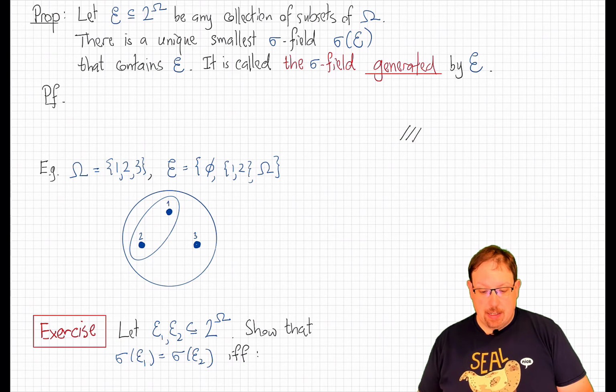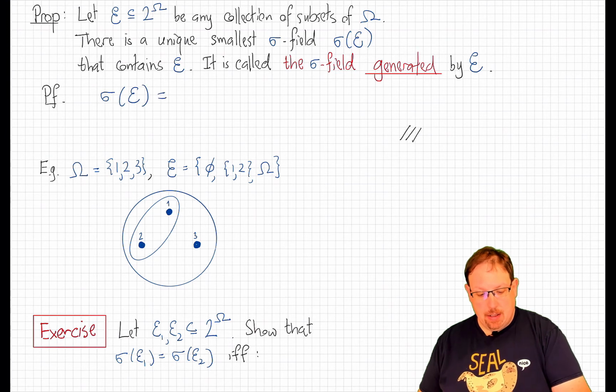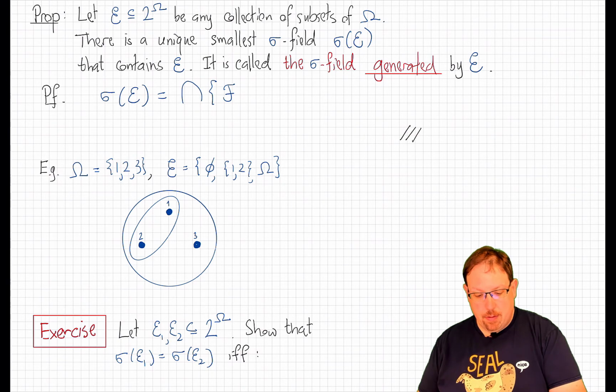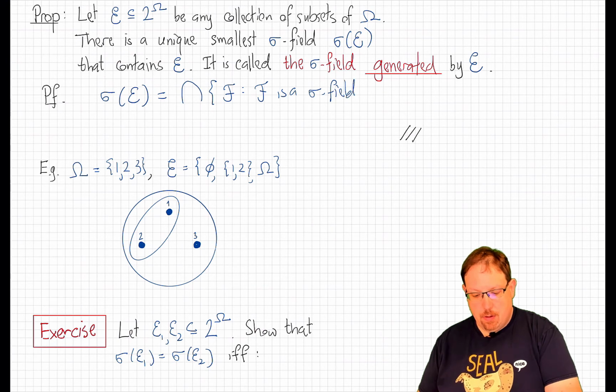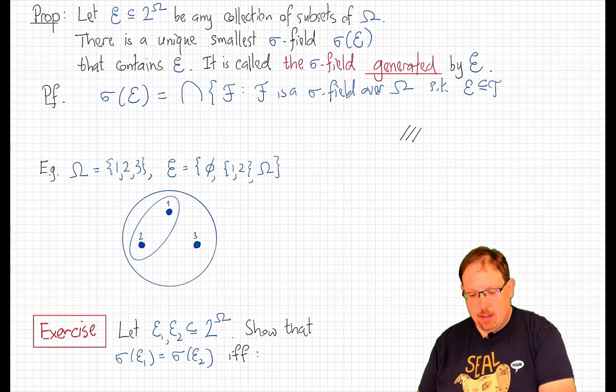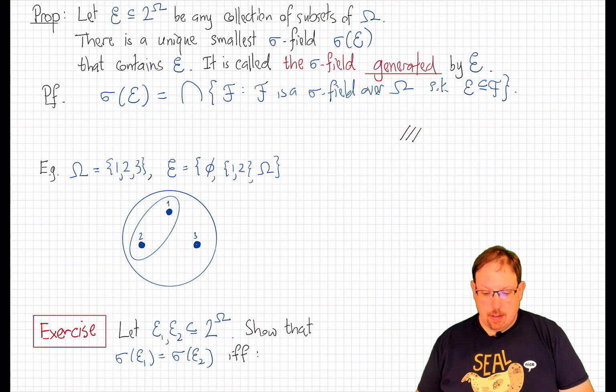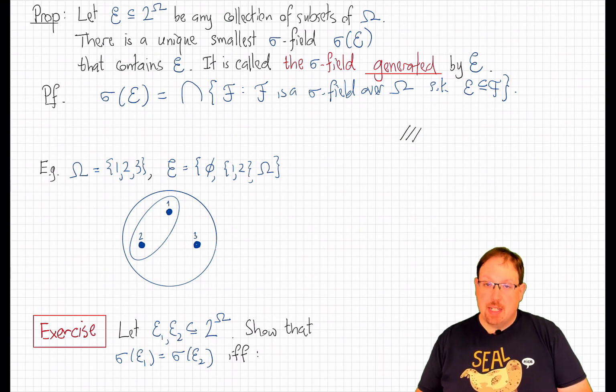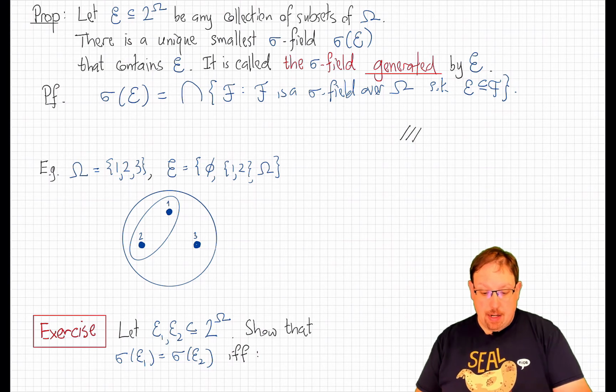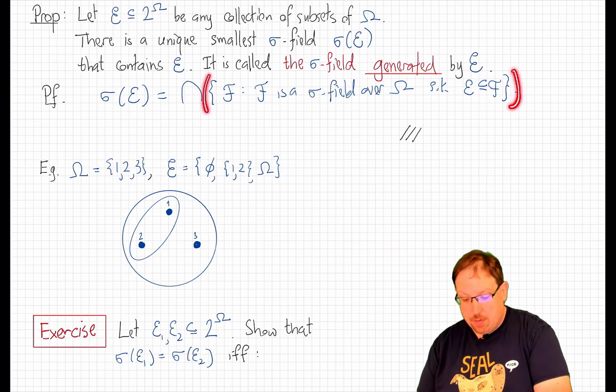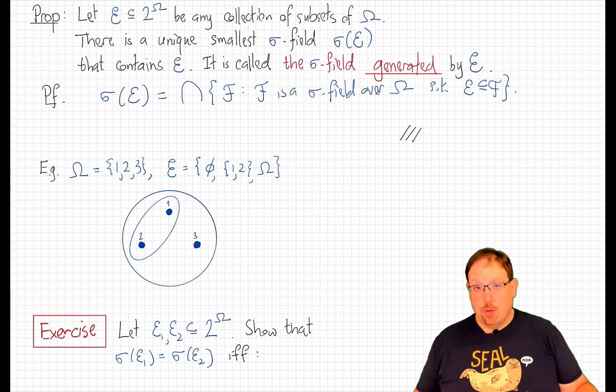How do we prove that such a thing exists? Easy peasy. The sigma field generated by E is nothing other than the intersection of the set of all sigma fields F over omega that contains E. Now, this is certainly a non-empty set because in this collection of sets we're intersecting is, for example, 2 to the omega, the power set.